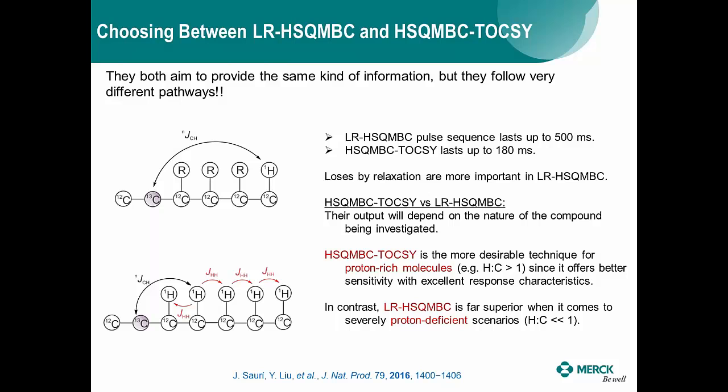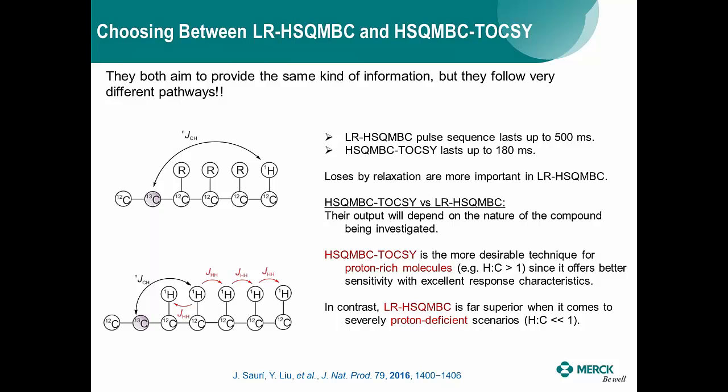The first step is a classic HSQMBC step, which basically establishes strong long-range correlations between proton and carbon, like a 3-bond correlation. And then we can transfer this information to a protonated spin system by using a TOCSY transfer.